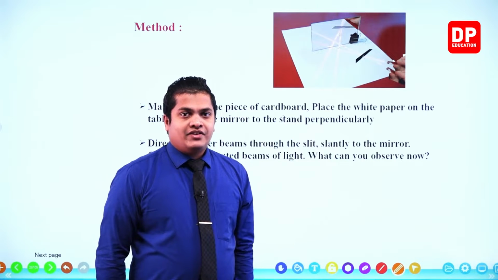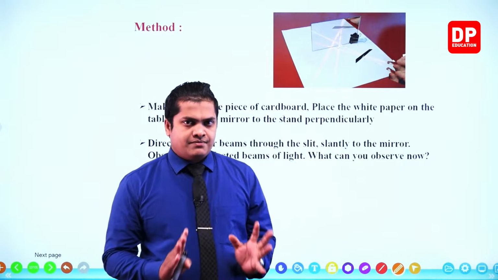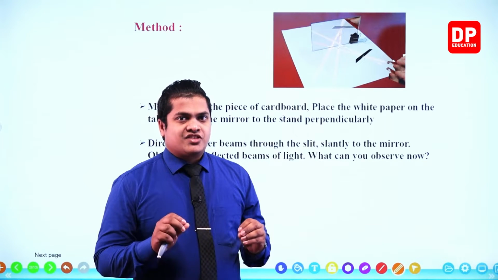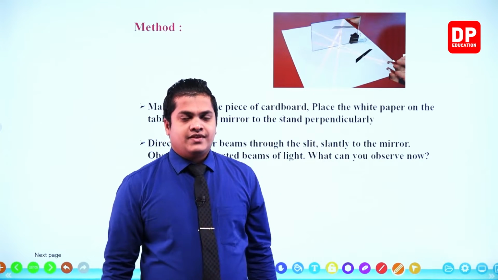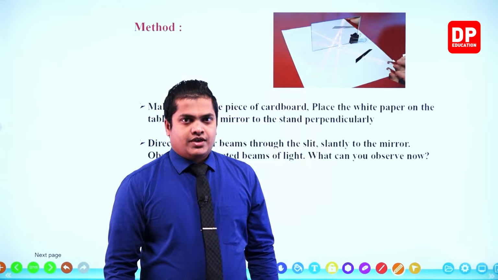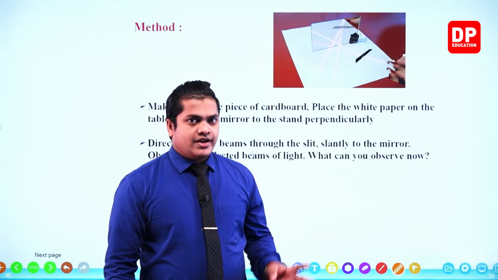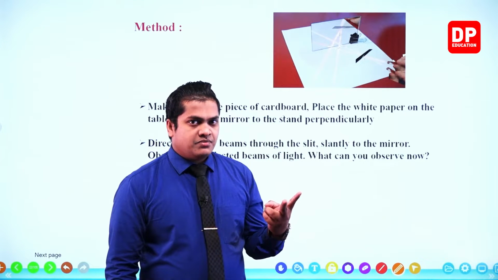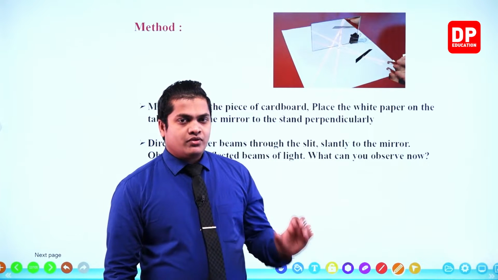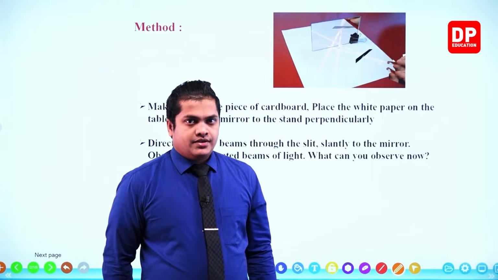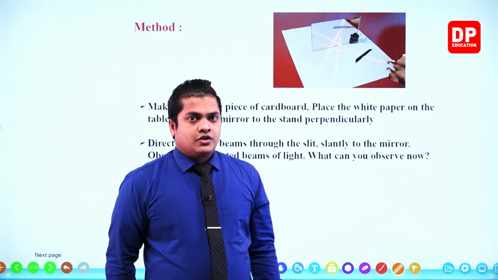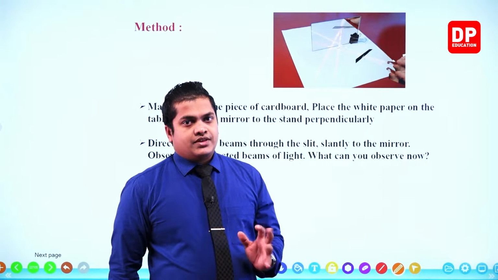So this is our activity, pretty simple. Just take it, direct it and observe. The thing is that you have to use two different laser beams and a cardboard with a slit, and direct them through the slit. So, my dear children, this is the way of doing the activity.